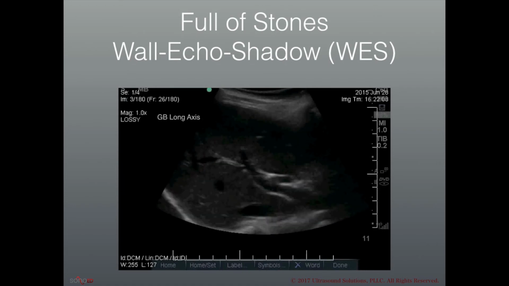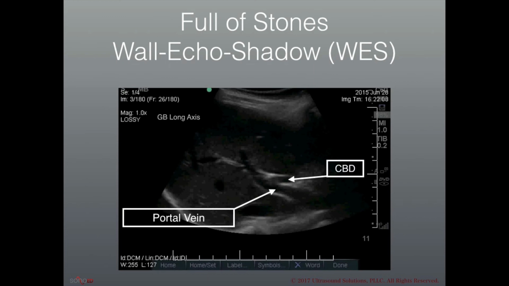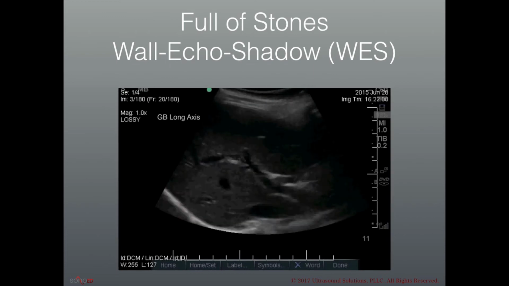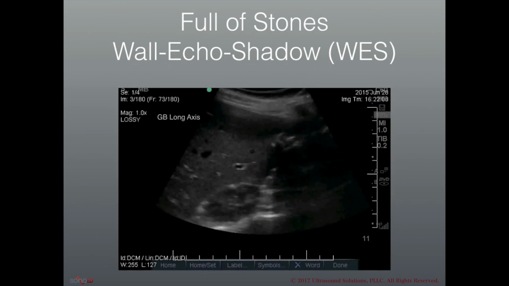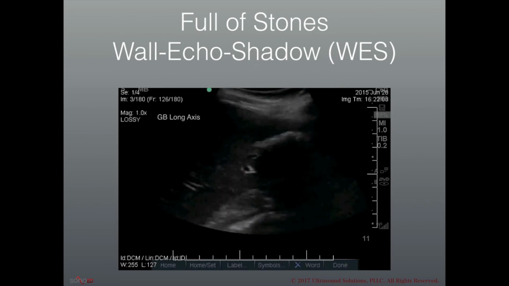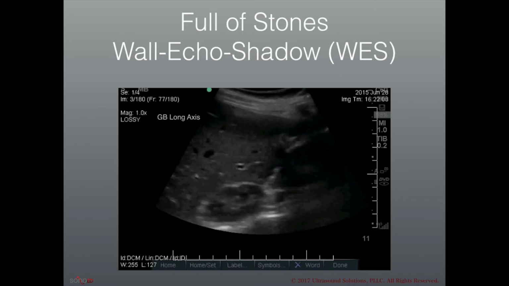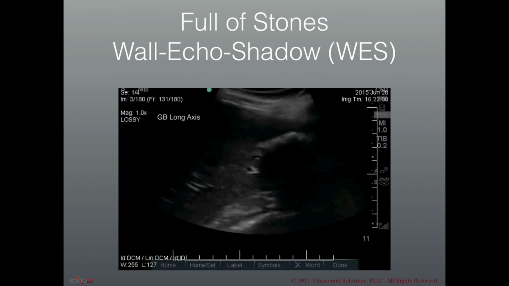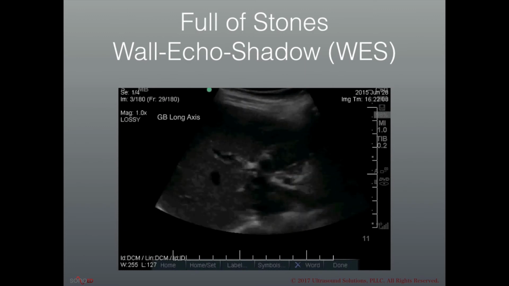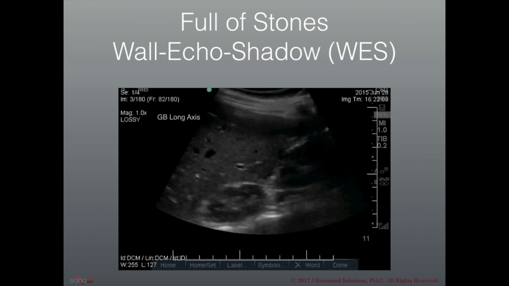I'm going to let the video play now, and I'm going to pause and show you that we can identify this as the gallbladder because it's adjacent to the portal vein and the common bile duct. I'm going to let this video play. Be sure that you can identify that this is actually the gallbladder. It's just that it's so full of stones, all you're seeing is the wall, the echo of the stones, and the dense shadow behind them.